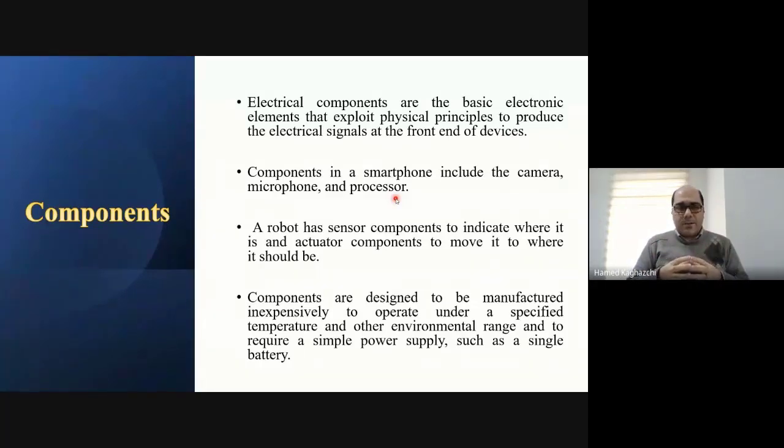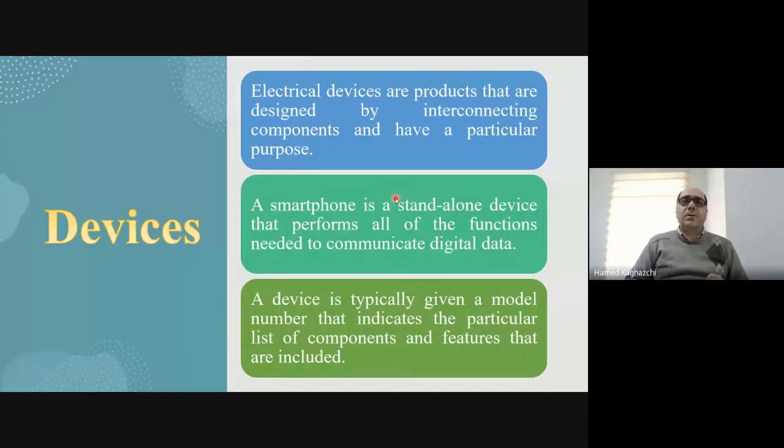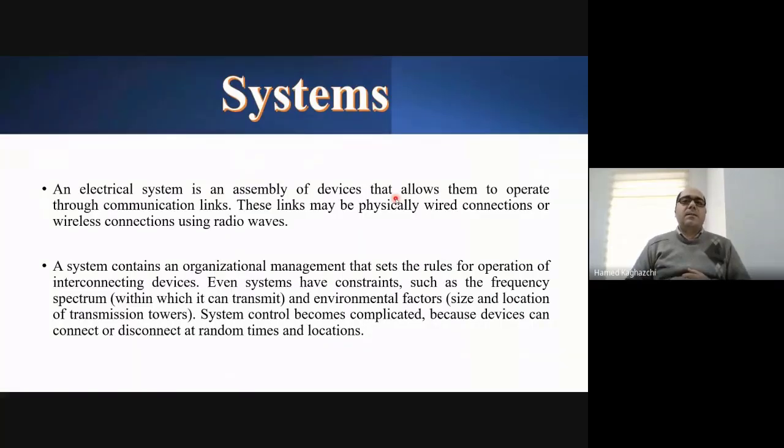These computers are connected together to make a system, and this system can be connected together to form a network, for example, the internet. And also devices, computers, smartphones, and all the other types of devices.